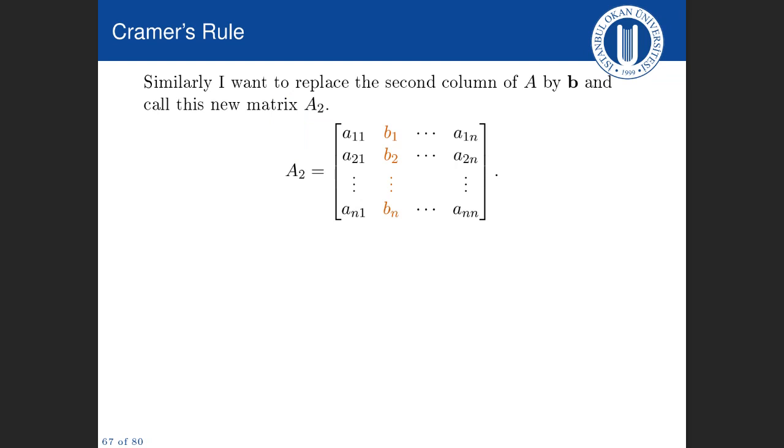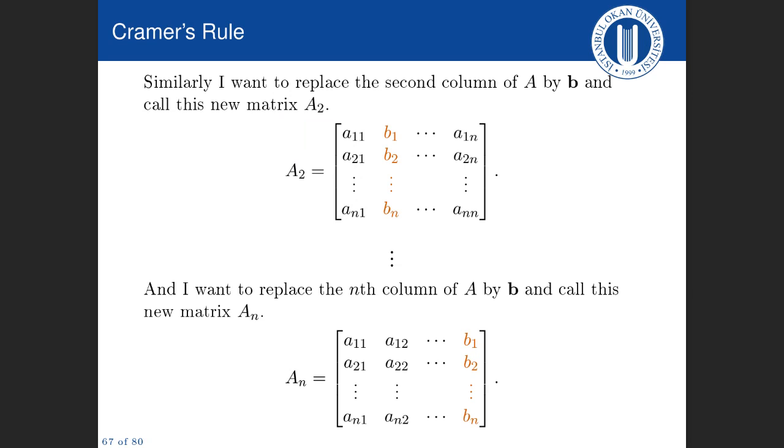If I replace the second column of A by B, I'm going to call this new matrix A2. And so on. Replace the third column to get A3, and so on. If I replace the nth column of A by B, I'm going to get a new matrix which I'm going to call An.